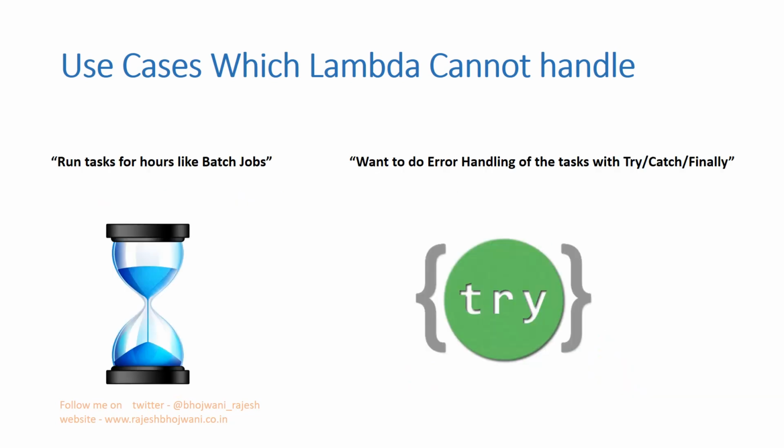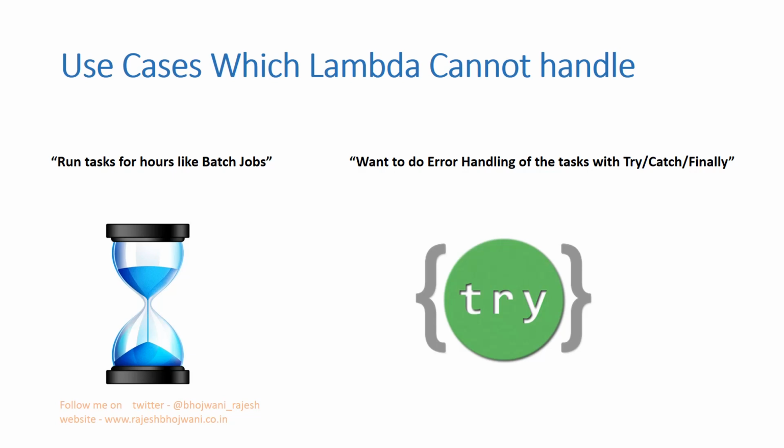Now let's talk about one of the most common scenarios where people started using Lambda function, which is batch jobs. Now we know that the maximum execution time allowed for Lambda is 15 minutes.